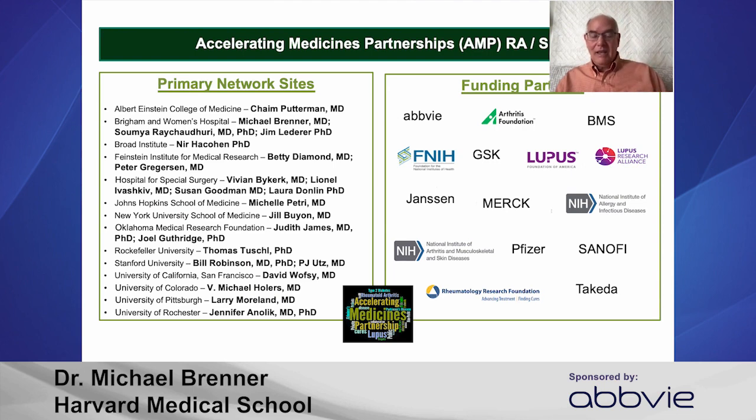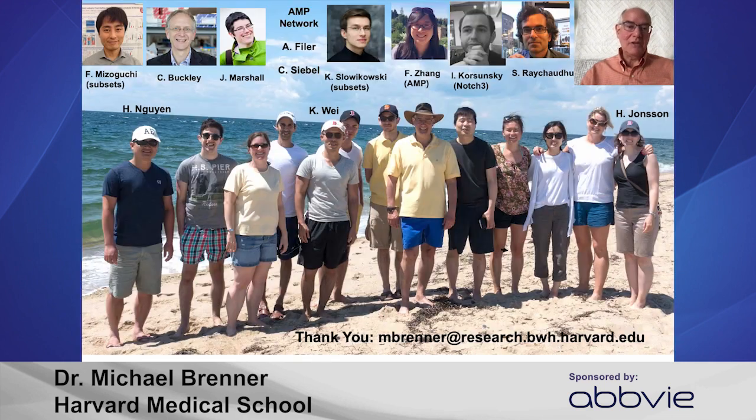And I'd just like to thank the members of the AMP consortium who contributed importantly to this study, a really wonderful group of people to work with and a great network and consortium. And just highlight a few people in my lab who carried out some of the work I've shown you. Kevin Wei, working with Ilya Korsunsky and Soumya Raychaudhuri's lab, worked on the Notch story.